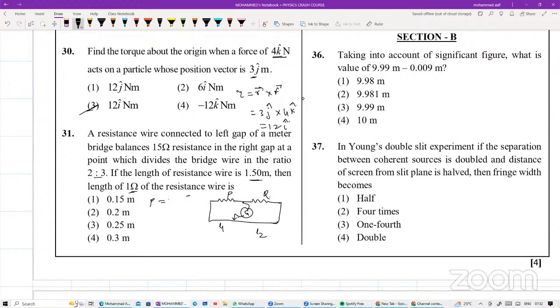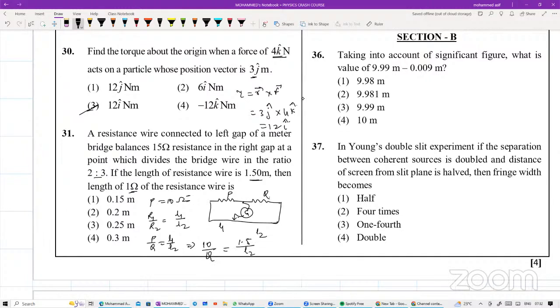In the problem he has given me P is equal to 10 ohms. Now if I use the balanced Wheatstone bridge concept, R1 by R2 will be equal to L1 divided by L2. That is, P by Q is equal to L1 divided by L2. What is the value of P? 10 divided by Q is equal to L1, what is the value of L1, beta? 1.5, isn't it?